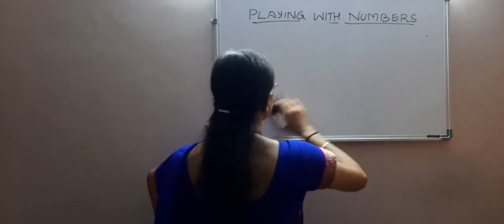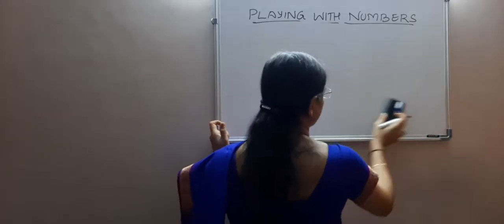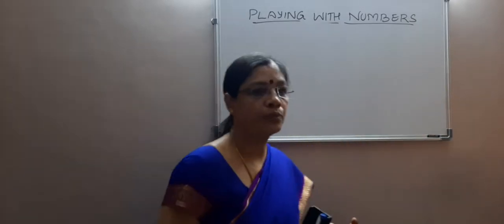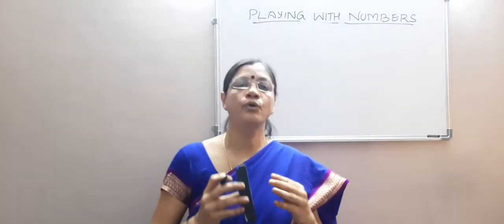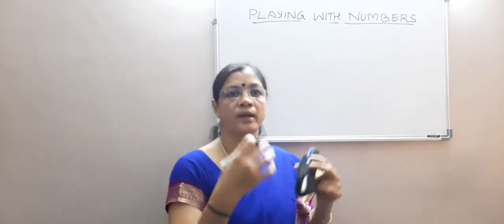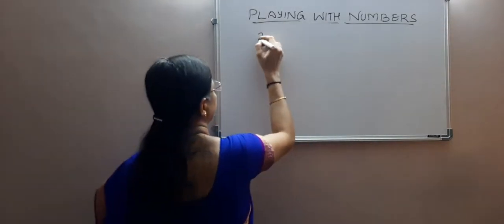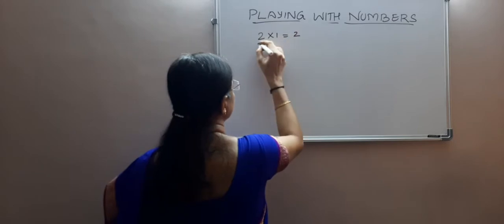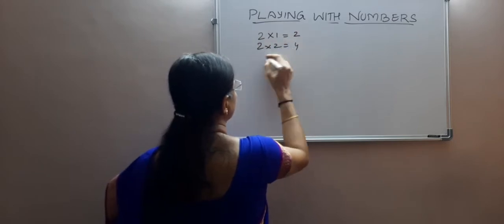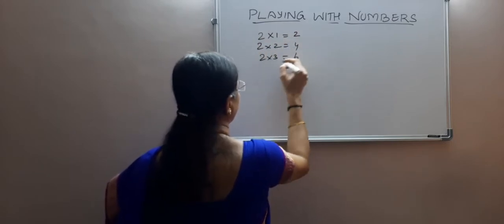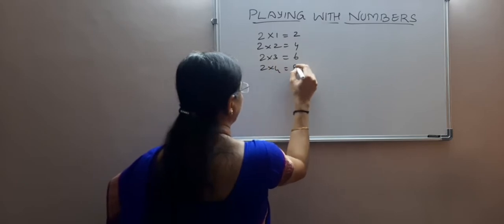The next thing is, we have studied about factors, isn't it? To put it more simply, when I write tables, 2 1s are 2, 2 2s are 4, 2 3s are 6, 2 4s are 8, and so on.